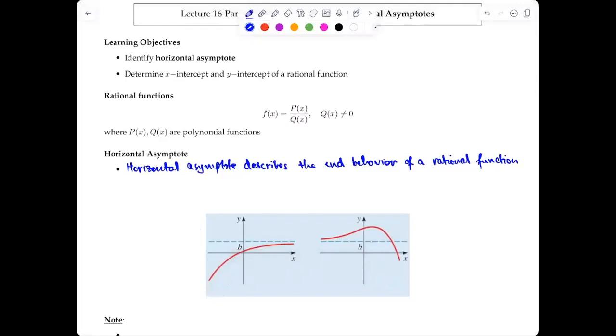When you talk about the end behavior, that means you want to know the value of the function, the value of y as x approaches negative infinity. So usually when you find a horizontal asymptote, you want to answer what is the y value as x approaches negative infinity or positive infinity.